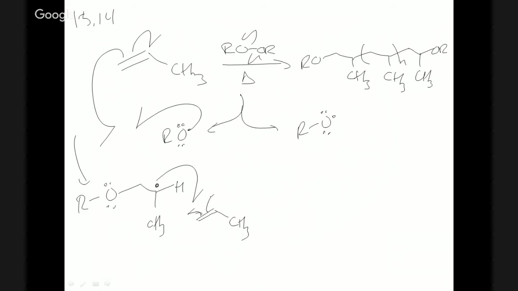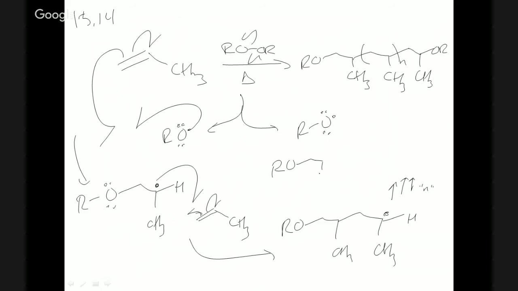Okay. Pi bond breaks. You form a carbon-carbon bond now. That's propagation. This is going to happen n times. Propagation over and over and over, as many times until you run out of monomer.